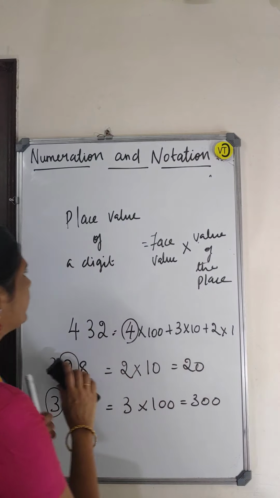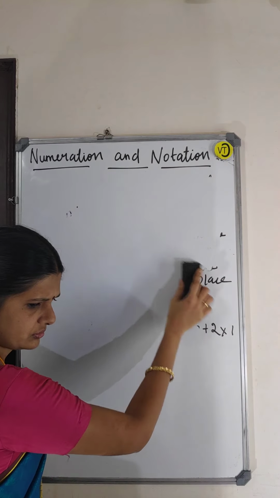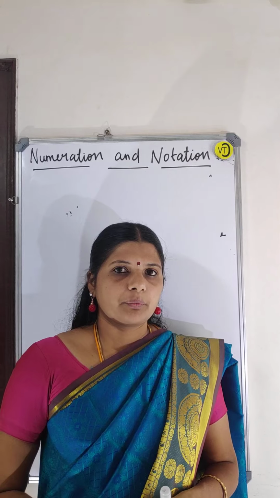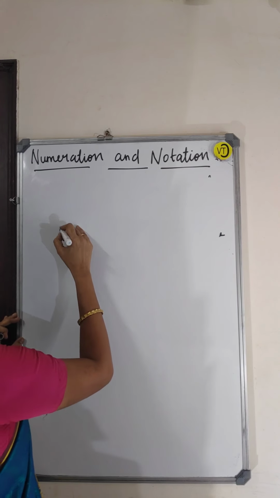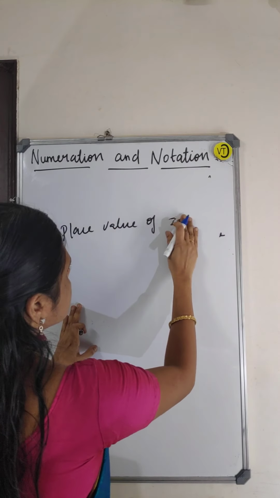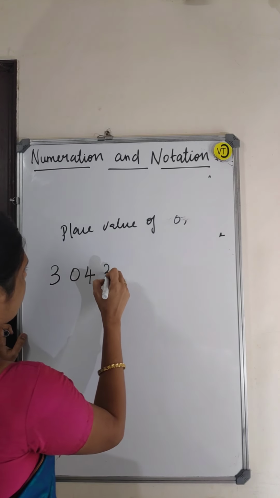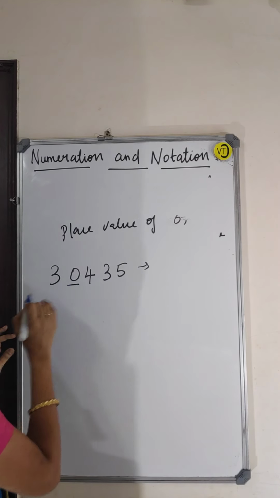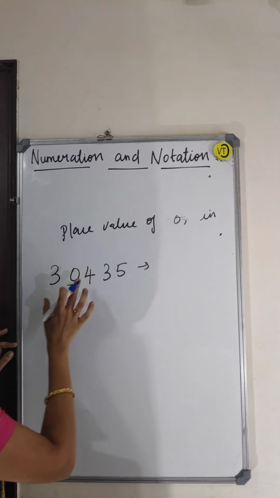One more thing I want to tell you: the place value of 0. I am taking the number 30435. I want the place value of 0 in this number.